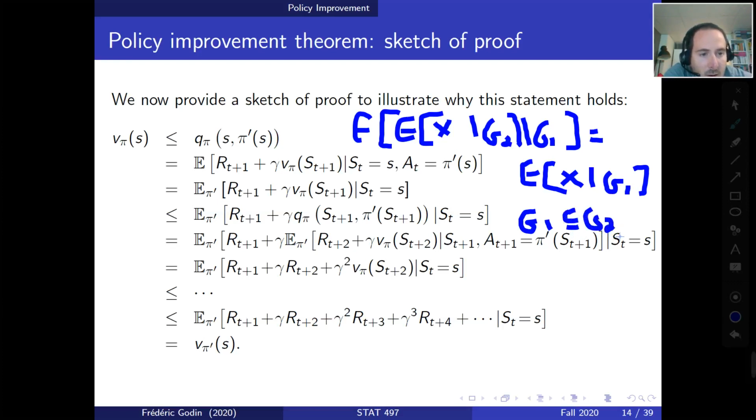This inclusion has a formal meaning if you do some advanced math, but informally it's just that g1 contains less information than g2.